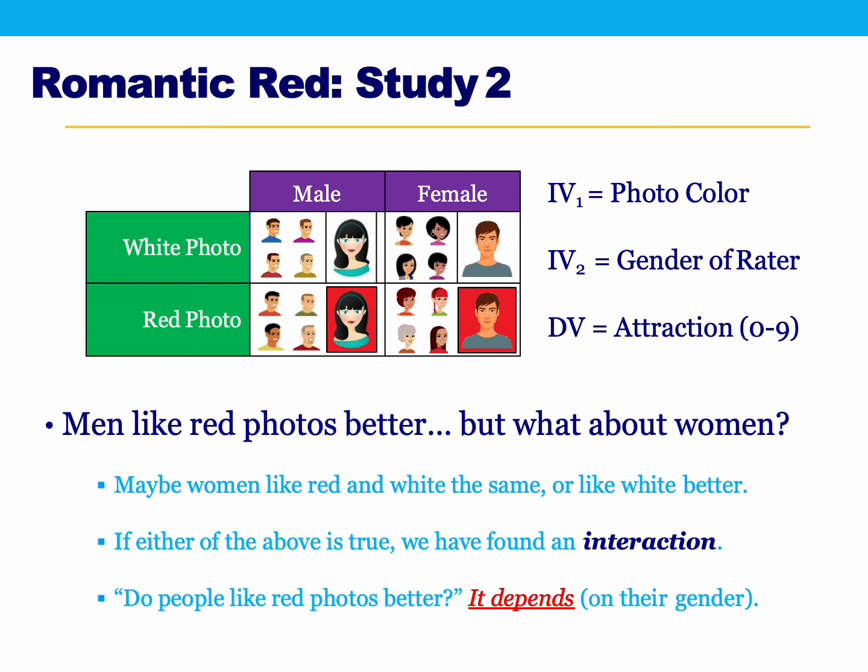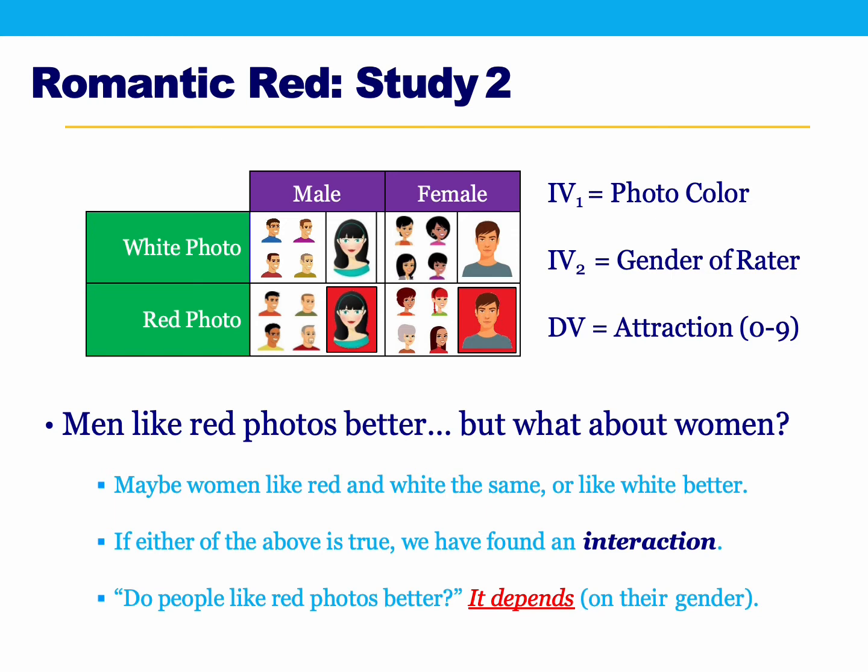So that's a main effect of photo. But we can also look for a main effect of sex. So regardless of photo color, is the mean attractiveness rating given by males different than the mean attractiveness rating given by females? So those are 2 out of 3, our main effects, where we look at the effect of one IV while ignoring the effects of another IV.